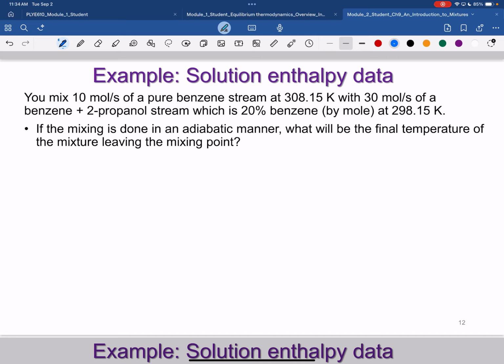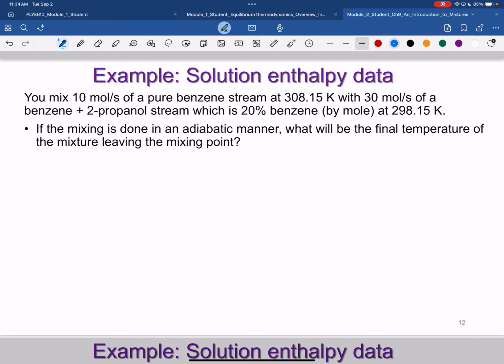One stream is pure benzene, 10 mole per second, coming in at a temperature of 308, and it is mixed with another stream, a mixture of benzene and 2-propanol, which is 20% benzene by mole at a different temperature, room temperature. So two things are coming into our mixer.